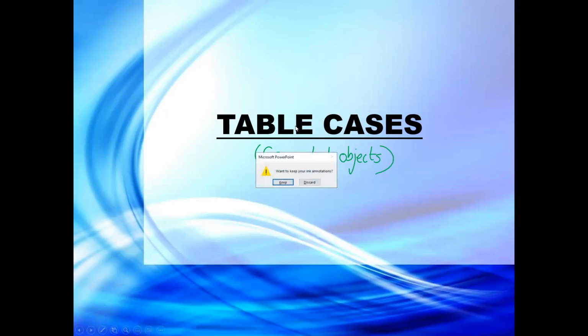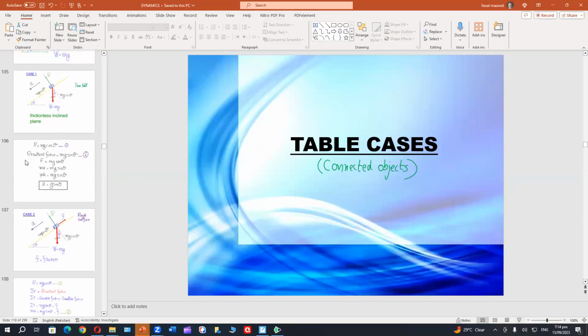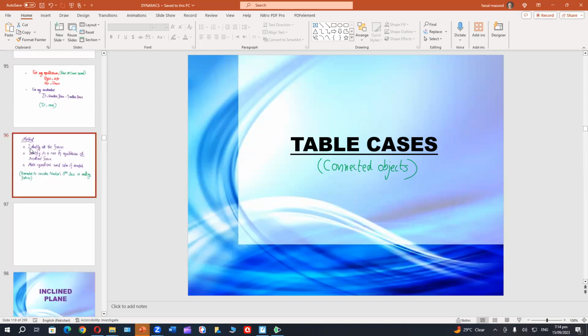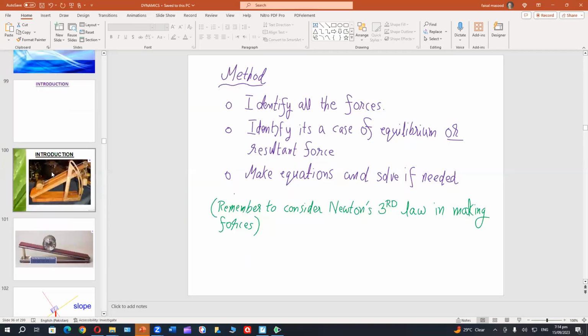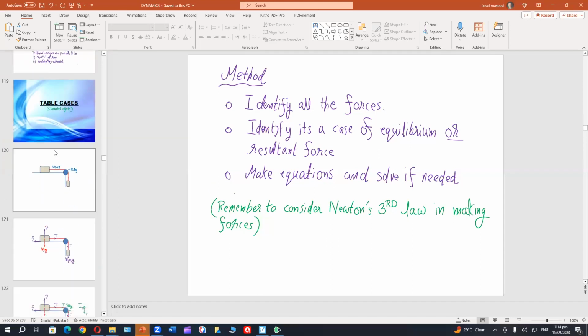So whenever you come across a question, you have to remember the steps. We have discussed the steps, and we should remember that this is the method. Whenever you come across a question, you have to remember these steps.